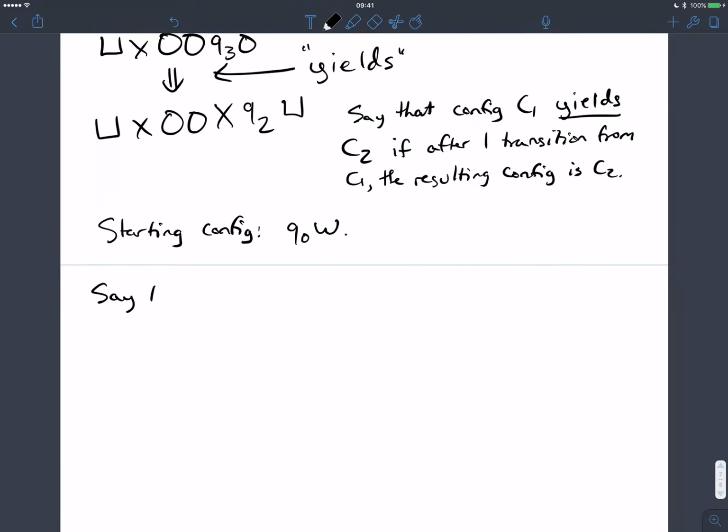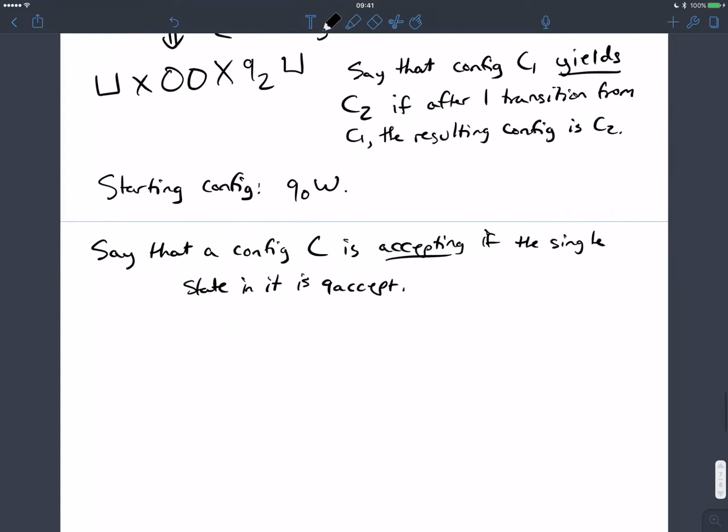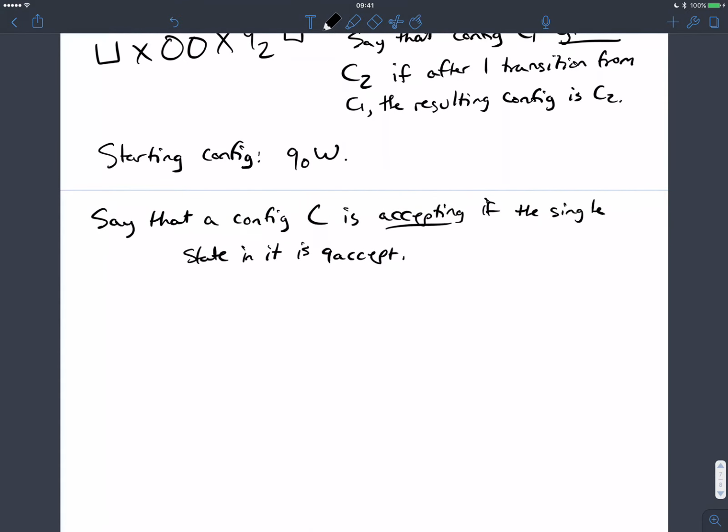Say that a config C is accepting if the single state in it is Q accept. And we say that a config is rejecting if it is Q reject.